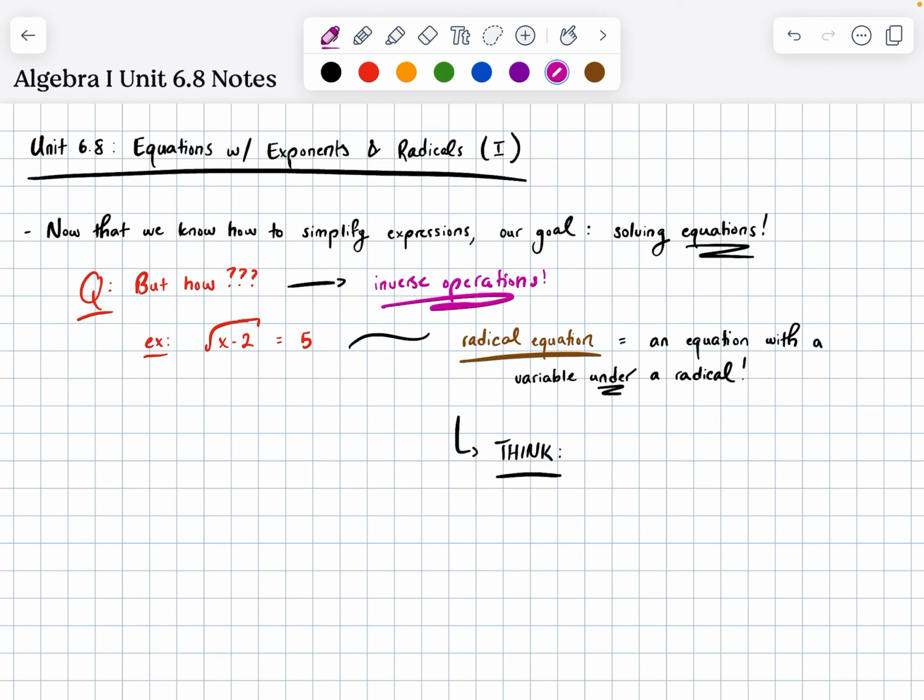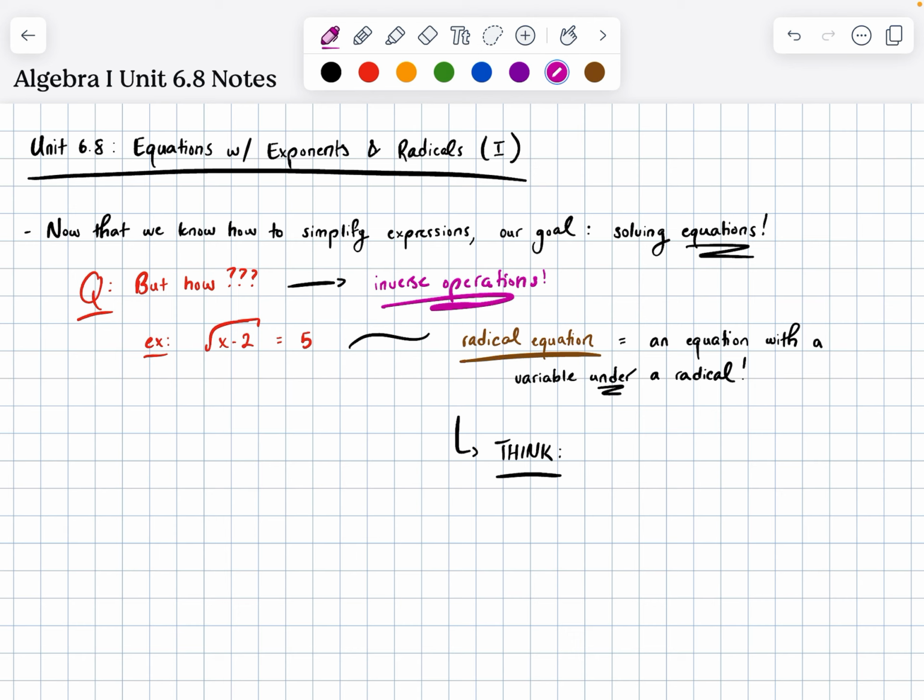But before I can touch the negative 2, remember that a square root, a cube root, a fourth root, just like absolute value, just like a fraction bar, just like parentheses, these are grouping symbols. So I can't touch the minus 2 until I get rid of the square root.